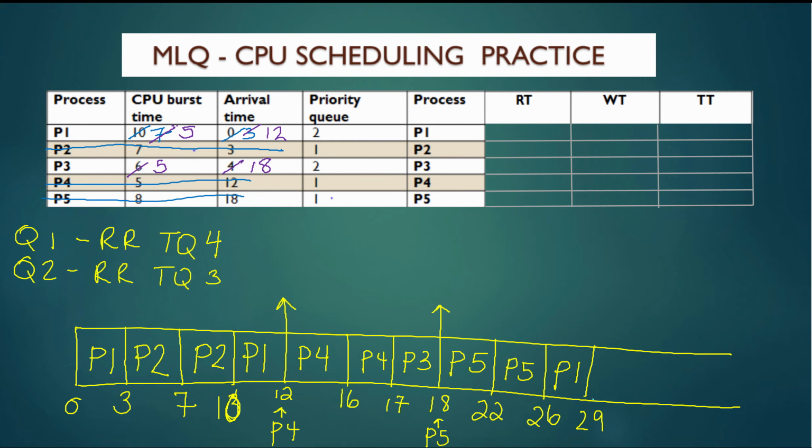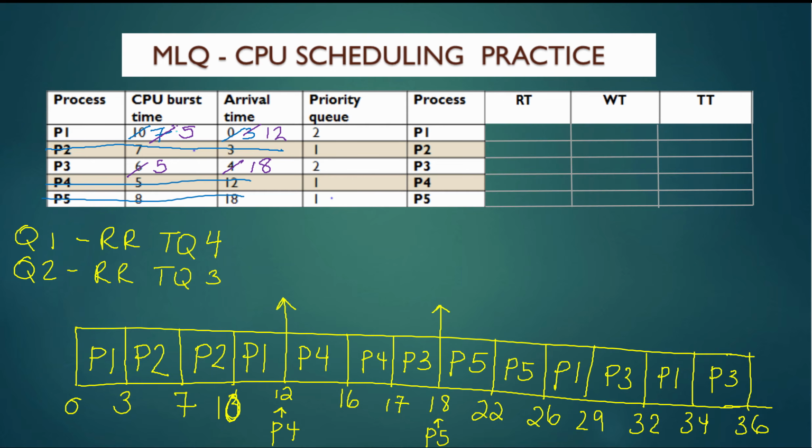And then you can see it has used up 3 of its CPU bursts, so it will have 2 left. Then we have P3, which will go until time 32. And then we have P1, which will finish up its last 2 time units of CPU burst, until 34. And then we have P3, which will finish up its last 2 time units of CPU burst and be done at time 36.